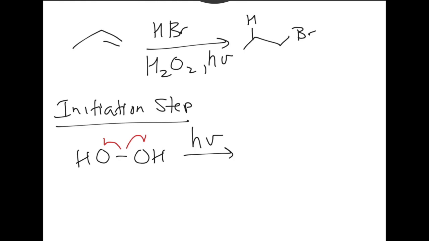So you generate two hydroxyl radicals. Now, oxygen radicals aren't very stable because oxygen is electronegative.